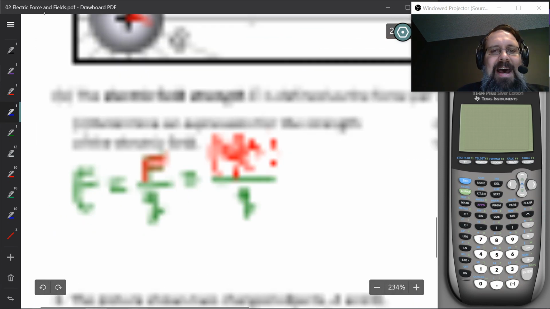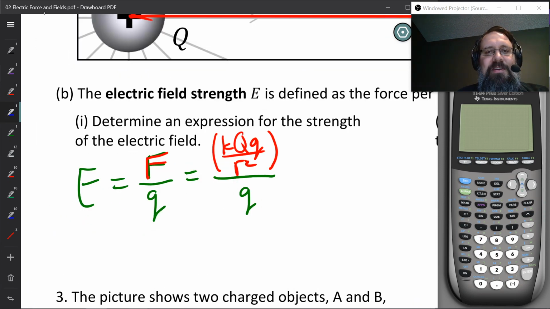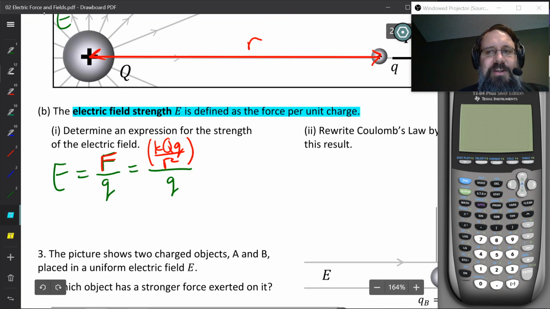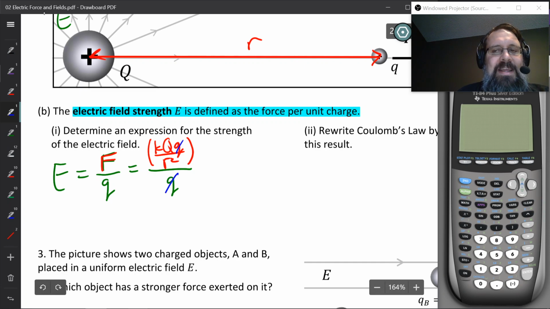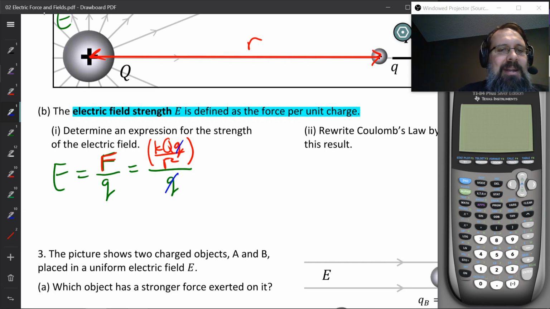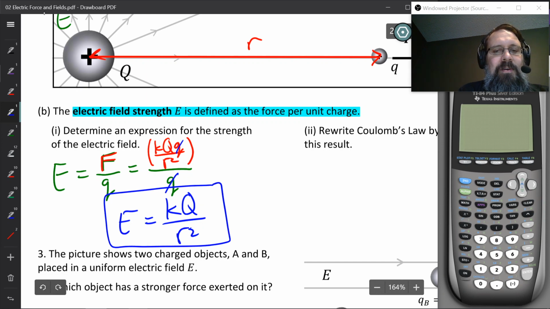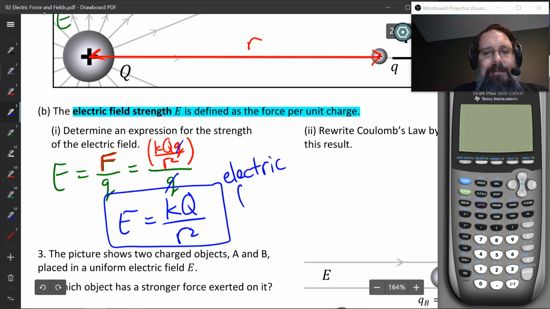And then if we divide by the charge, which is what the definition of the electric field says, we take the force and divide out the little q. So what this ends up doing is it just gets rid of the thing that's in the field. And then we're left with this equation, E equals K, big Q, over r squared. And that's the equation for an electric field, or electric field strength.